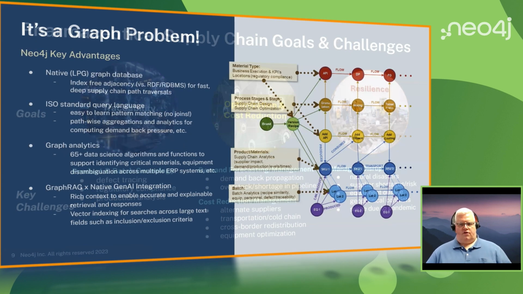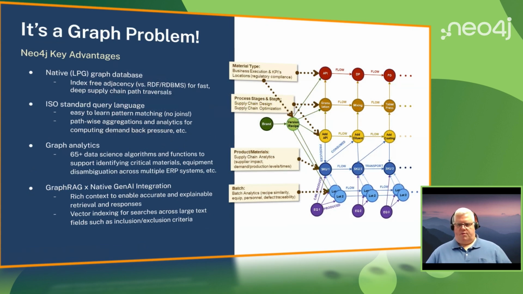Now, what we're seeing here is a really simplified model of the typical supply chain graph, starting with the different layers over here on the right-hand side, with material types flowing down through the different station steps and all the way down to the batches. And one of the things that should be pretty obvious is this is a graph problem. It's a native graph problem. It's hierarchical, and it also has very long traversals.